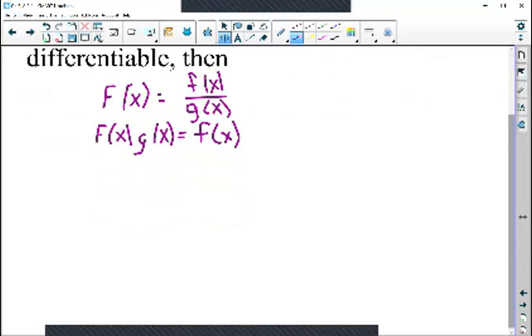And now I'm going to use the product rule on the left side to take the derivative, and I'm going to take the derivative on the right side.